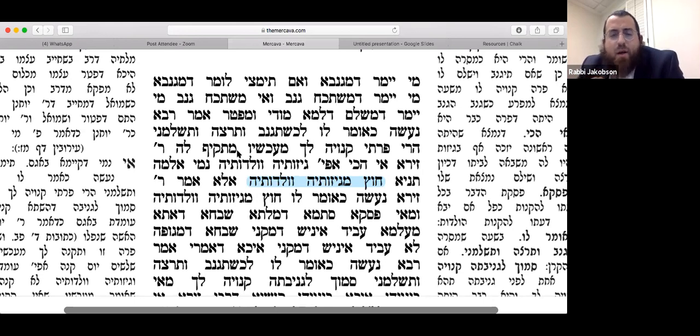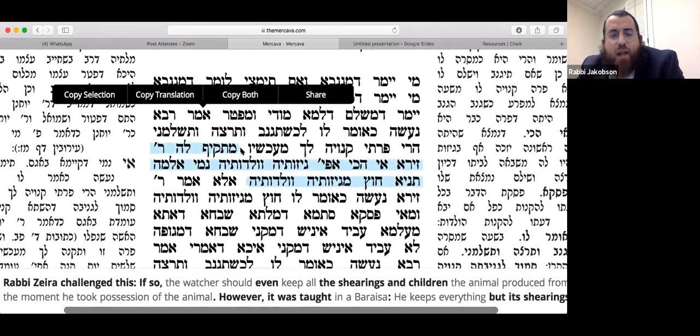So from here till here is a challenge on this notion that the cow became mine from the day of the deposit. Because if so, why do I only get the double, and why don't they get the offspring and the shearing? If the cow is mine, everything is mine. Or that's what we think.